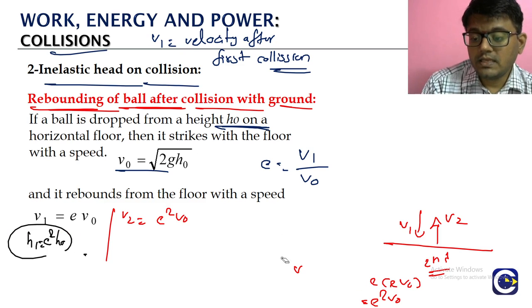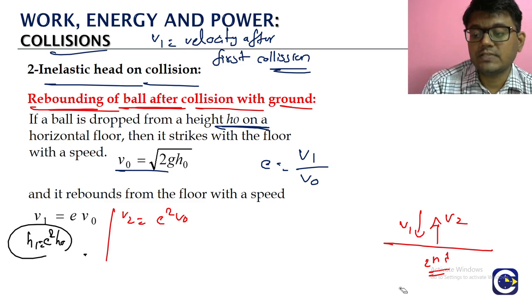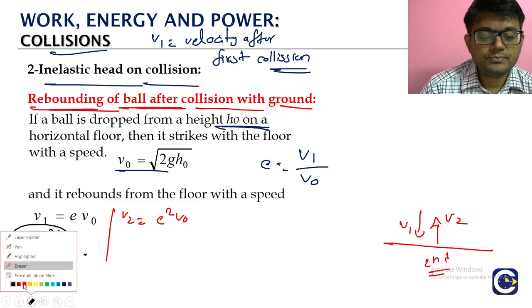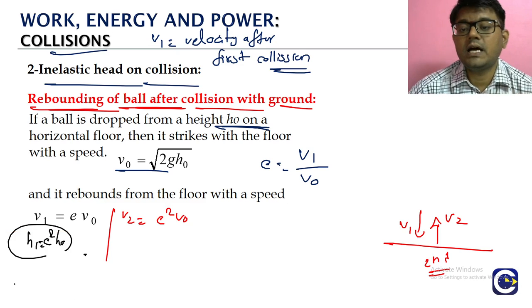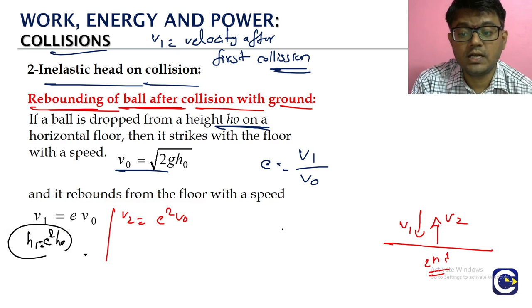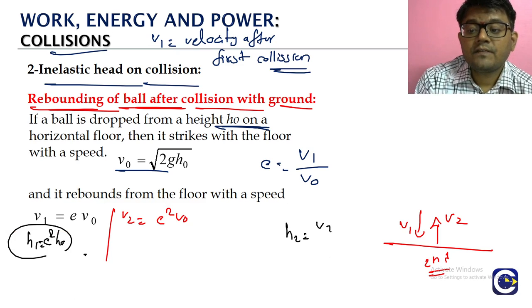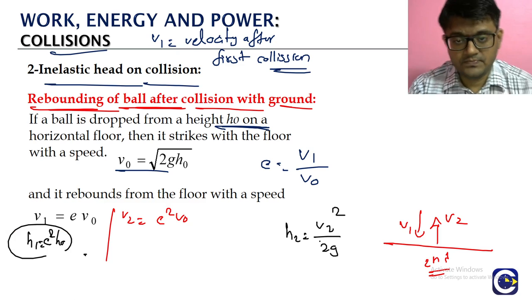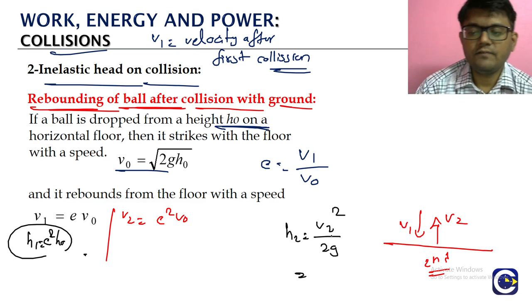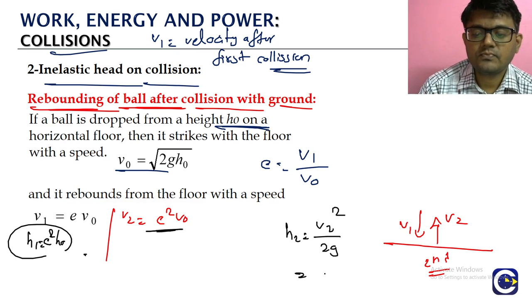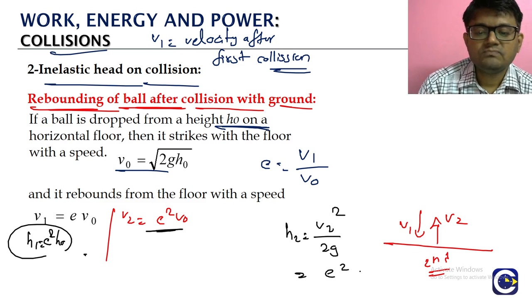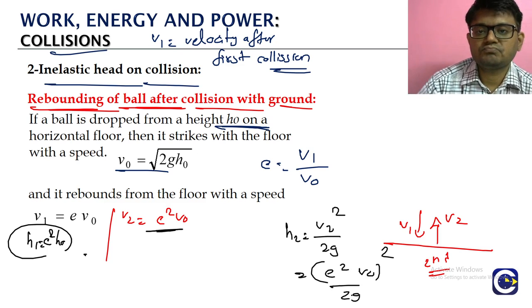Okay. With the velocity v2, if it is going up to a height h2, then what is the h2 formula? h2 is v2 square by 2g, the same u square by 2g formula. v2 square means e square into v naught, whole square, by 2g.